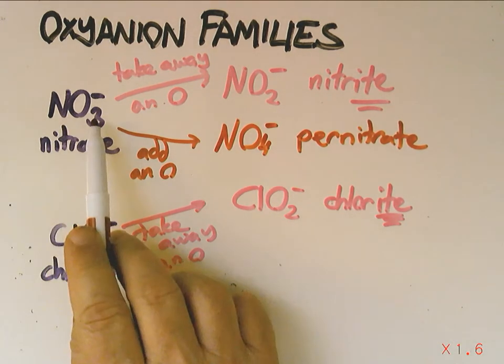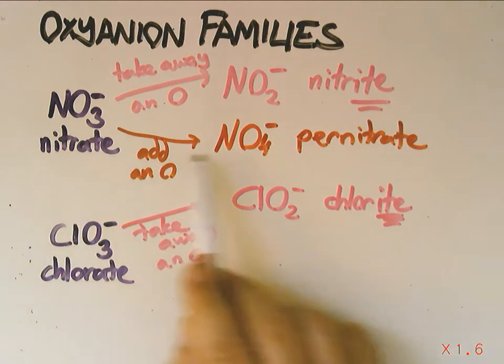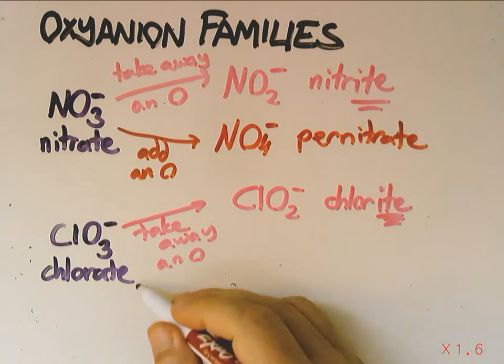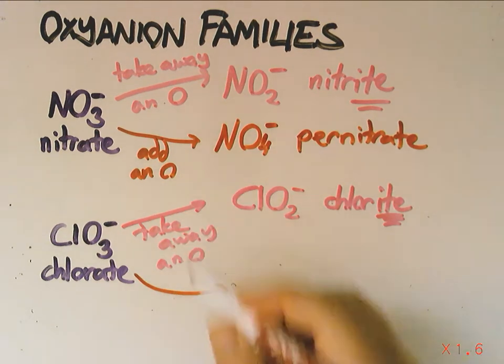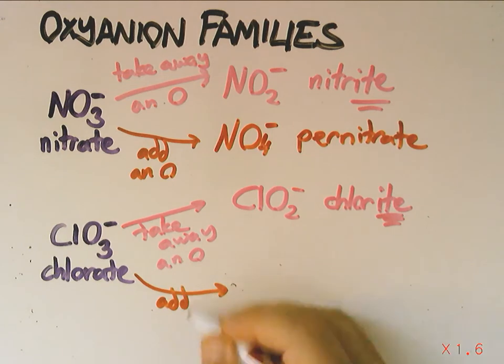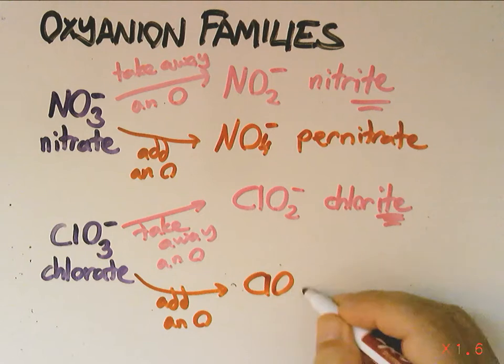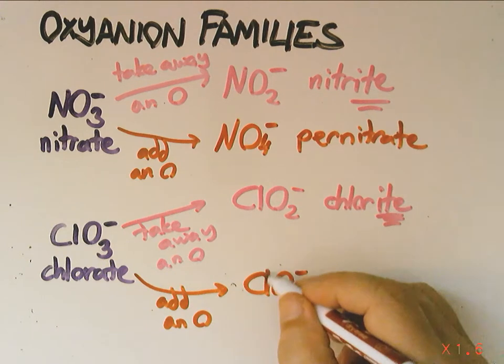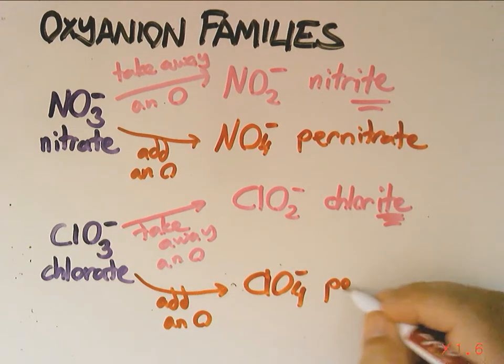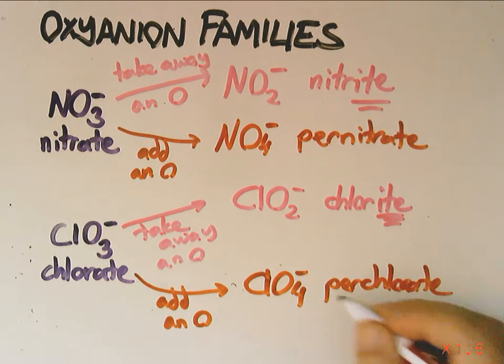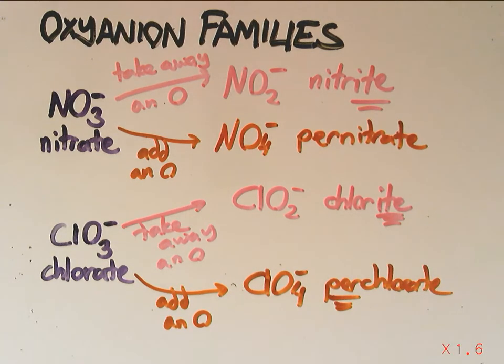So you start with your nitrate, and if you put a per in front of the name, that stuffs an extra oxygen in there. Let's apply that to this one. You're going to get ClO4 minus. That's perchlorate. Per means you added an extra oxygen in there.